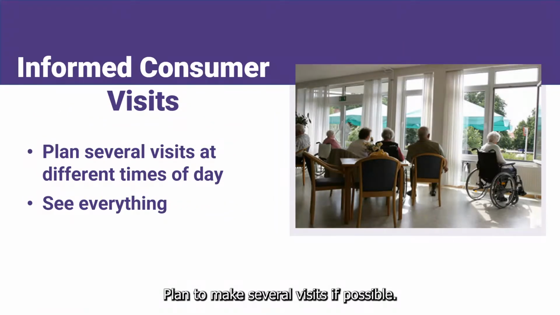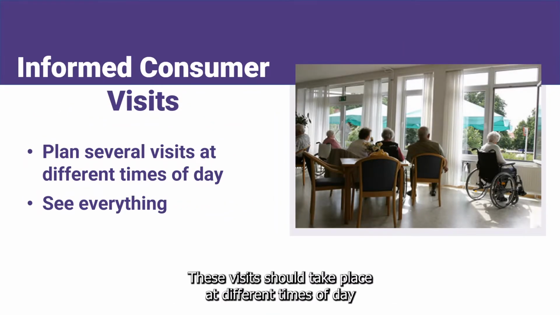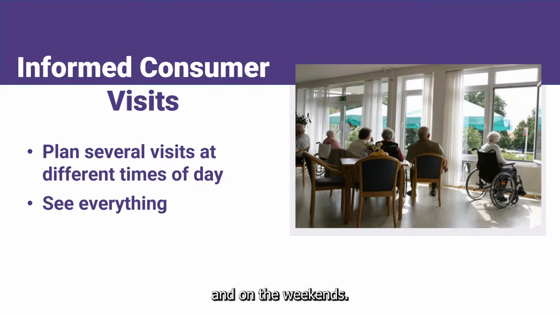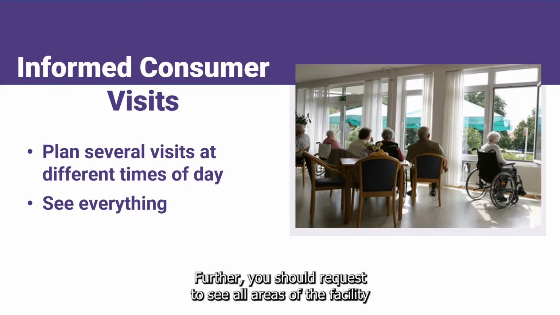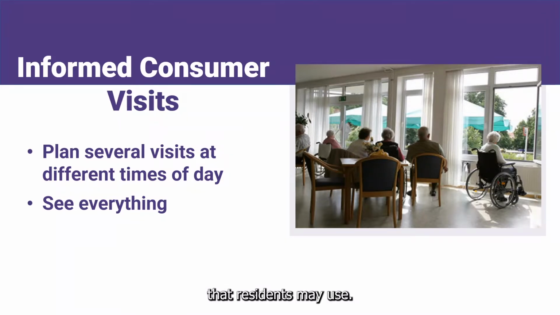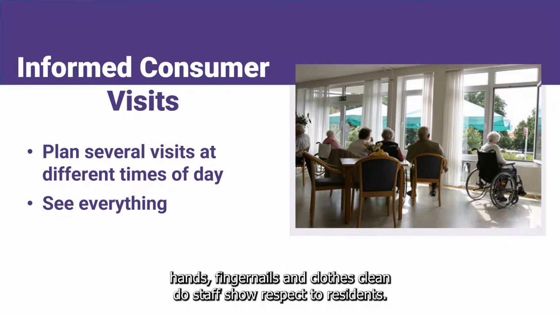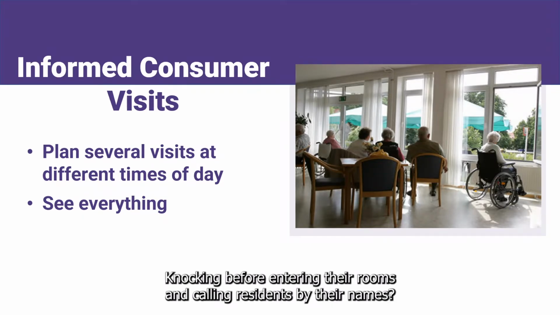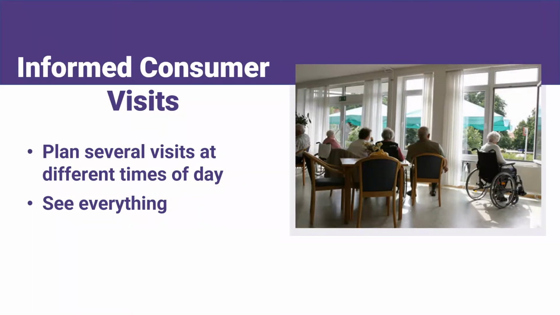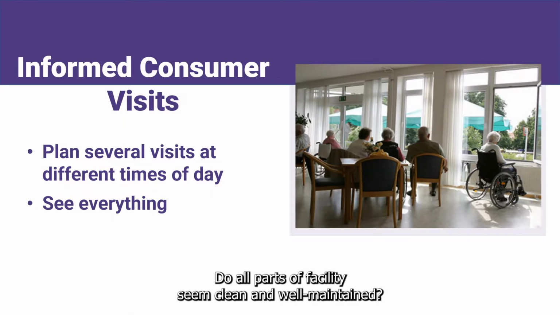Plan to make several visits. If possible, these visits should take place at different times of day and on the weekends. Further, you should request to see all areas of the facility that residents may use. Some examples of things to assess during a visit include: are residents' hands, fingernails, and clothes clean? Do staff show respect to residents, knocking before entering their rooms and calling residents by their names? Do all parts of the facility seem clean and well maintained?